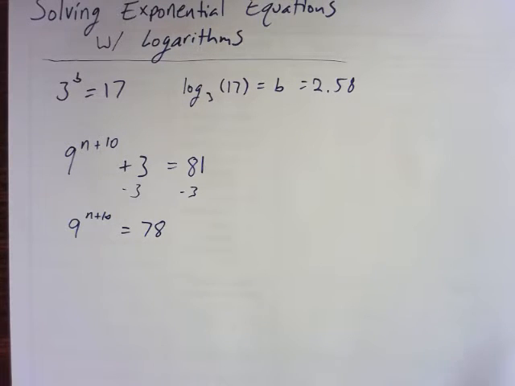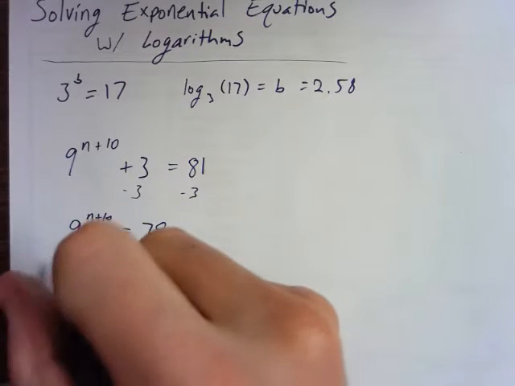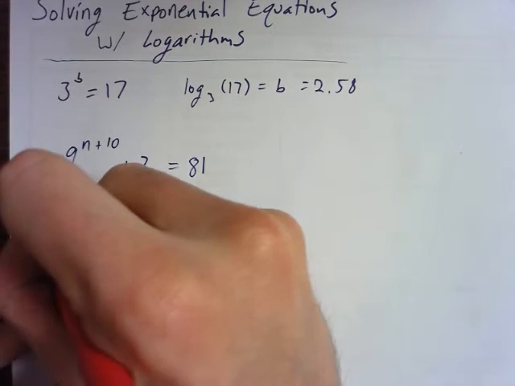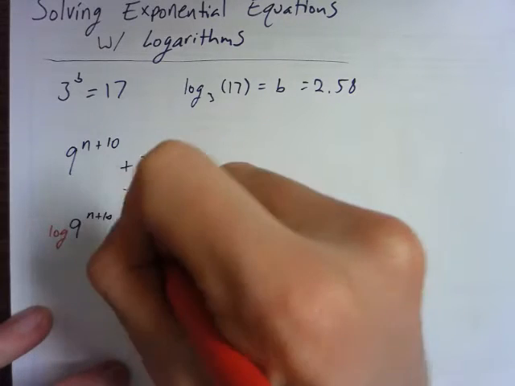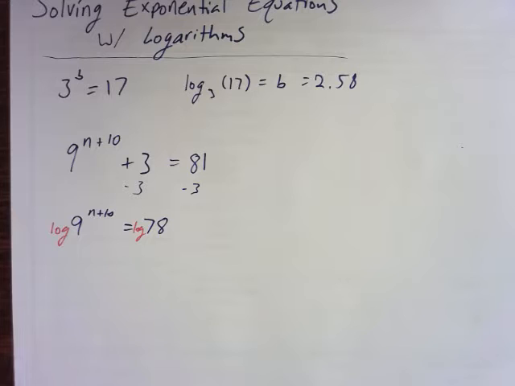So if we remember, logarithms help me get my exponents down, so I can multiply both sides of my equation by log, just like that. And I'm just going to leave it as log base 10. Makes it easier. I don't have to worry about a base, all those kinds of things. If you wanted, you could put a base, and I can show you how to do that in a second.